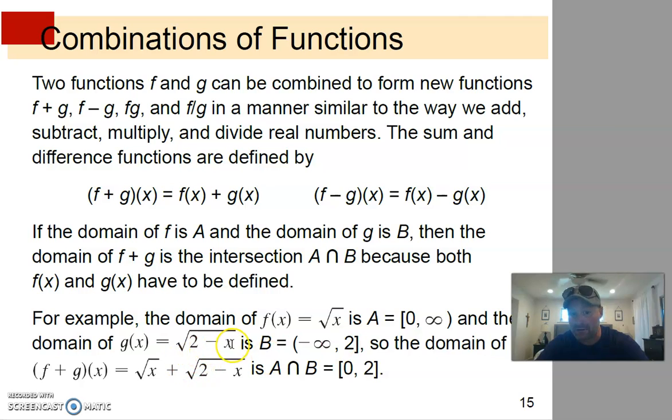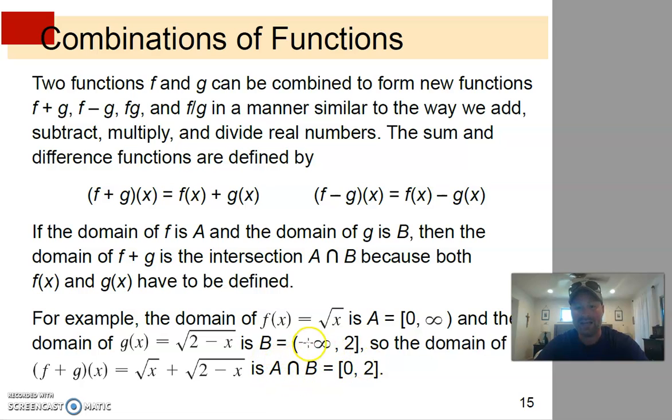Because if it was greater than 2, then we would have 3 here. 2 minus 3 would be a negative 1, which would result in a negative value under the square root. And that's why our domain is we can have any value that is equal to 2 or less than 2 going off to negative infinity, because any of those values would not produce a negative value under the root.